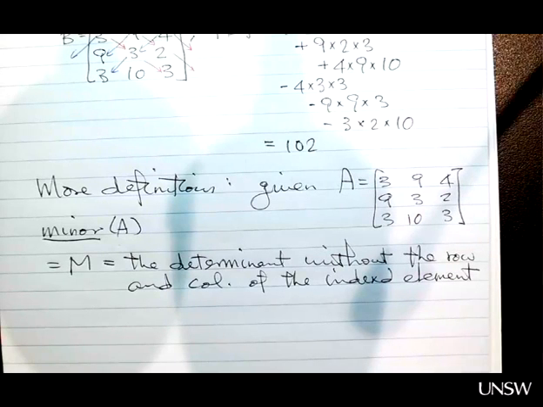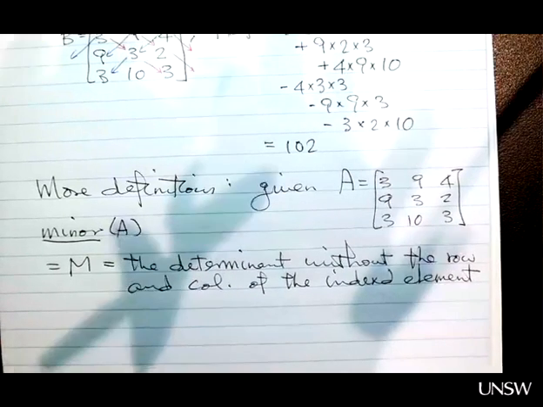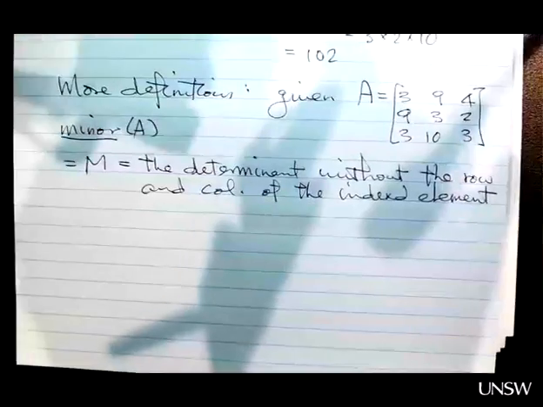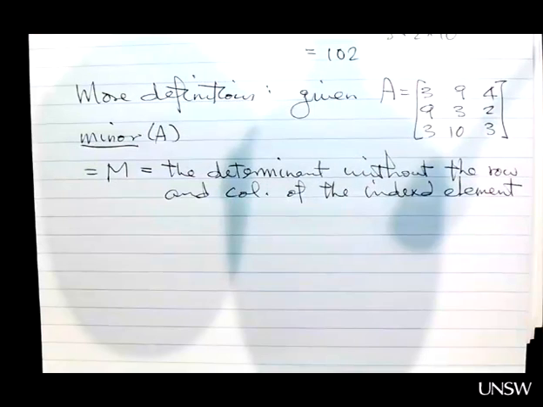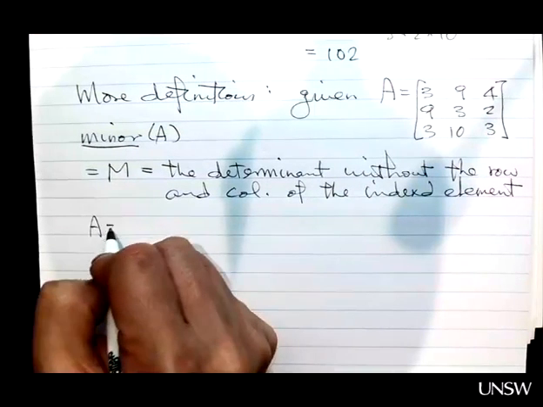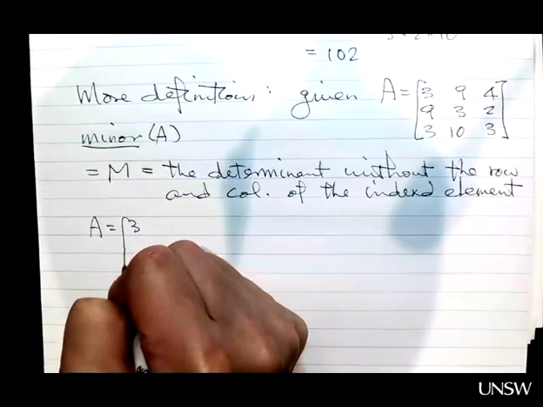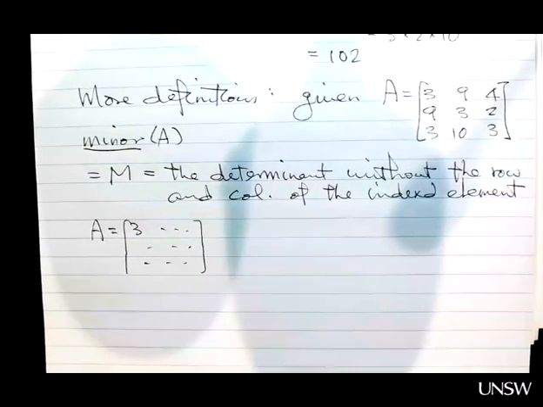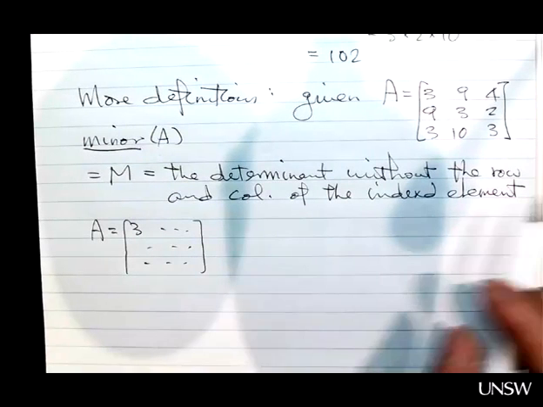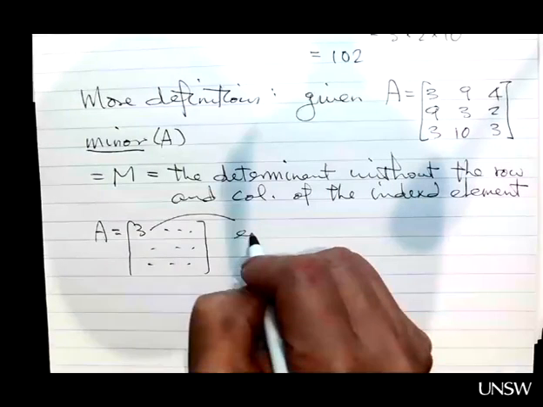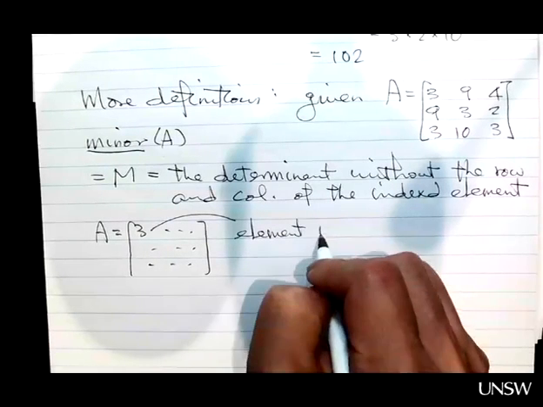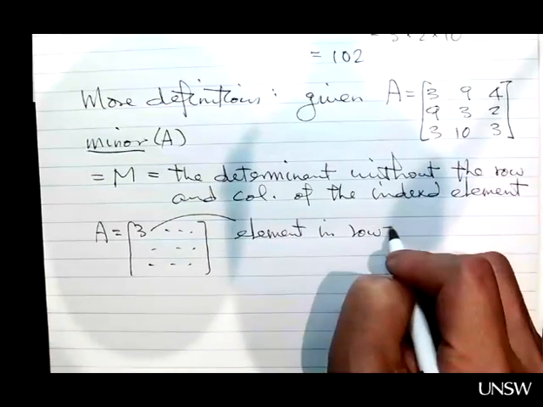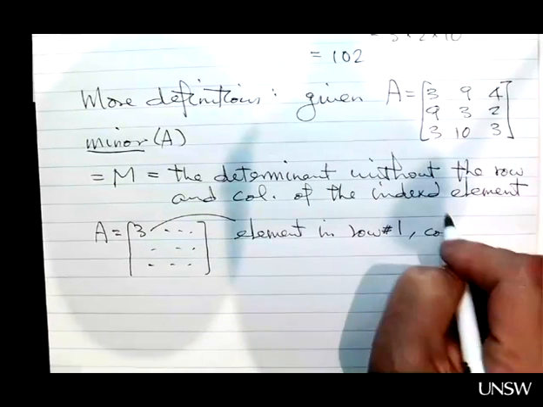So what I mean is that we have A equals 3, etc., etc. So this one is the element in row number 1 and column number 1.